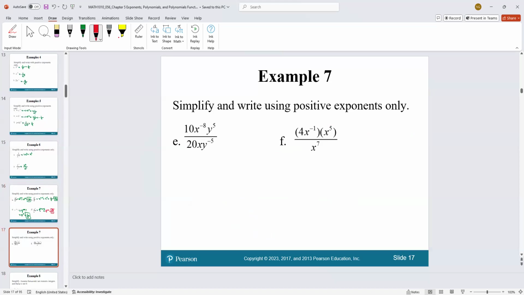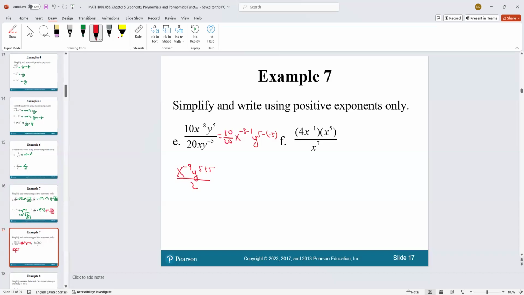This one's a little bit longer. So first of all, you can rewrite it as 10 over 20. Now x negative 8 minus 1, because I bring the negative on the top, y 5 minus negative 5. 10 over 20, you only have 2 in the denominator. So we're going to have x power negative 9, y 5 plus 5 over 2.